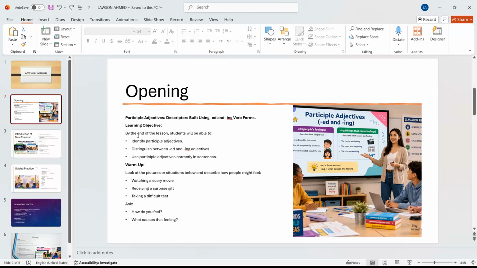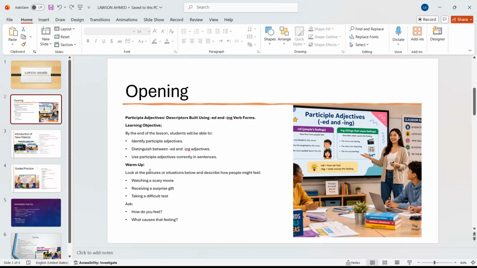First of all, let's see the objectives we have during this lecture. By the end of this lesson, you will be able to identify participle adjectives, distinguish between ed and ing adjectives, and use participle adjectives correctly in sentences.